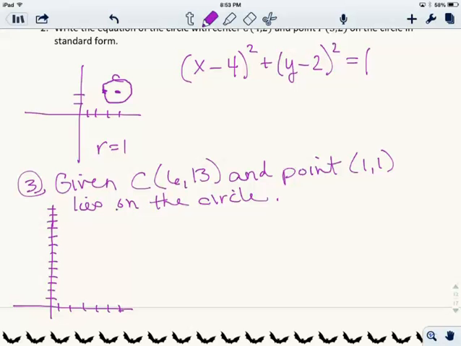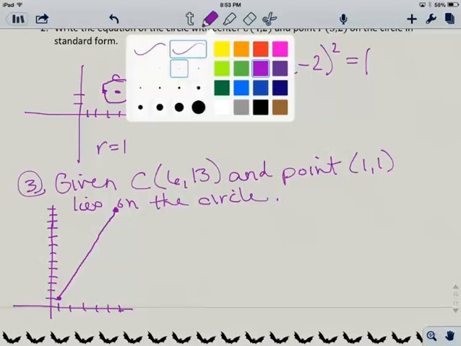So our center is right here, and the circle passes through the point (1, 1). So we could sketch a graph. Now, when we're doing this, we're talking about this diagonal distance being our radius. But based on our graph, we can't tell exactly the distance here. So we have to use what we know.